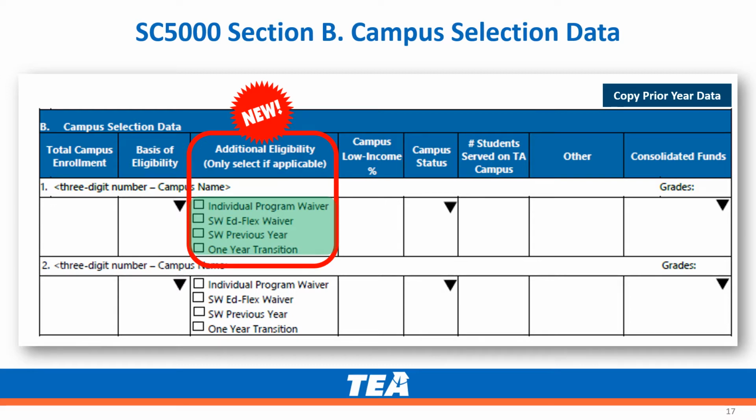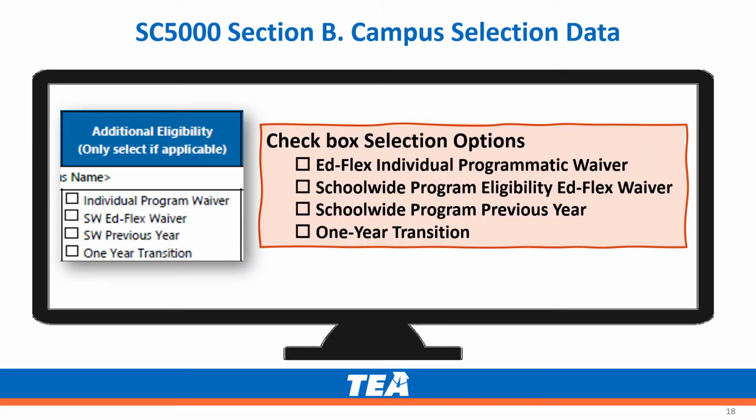For each campus, select the additional eligibility checkbox or checkboxes to reflect additional eligibility options the campus is using to establish eligibility. 2 of the items that were removed from the Basis of Eligibility drop-down list we looked at earlier have been added to this column: School-wide Program Previous Year and 1-Year Transition. EdFlex was broken down into 2 additional eligibility options: EdFlex Individual Programmatic Waiver and School-wide Program Eligibility EdFlex Waiver.